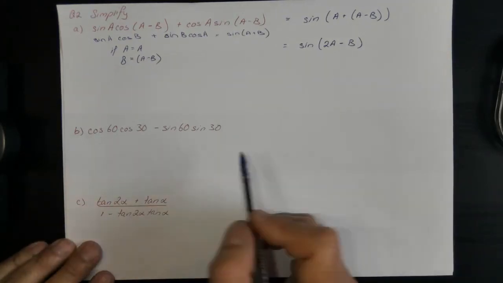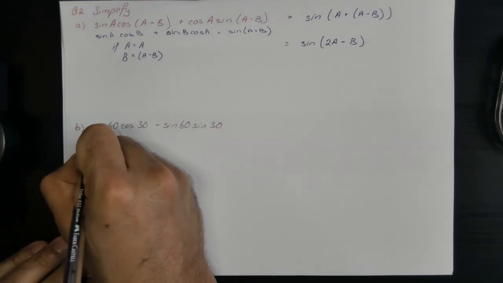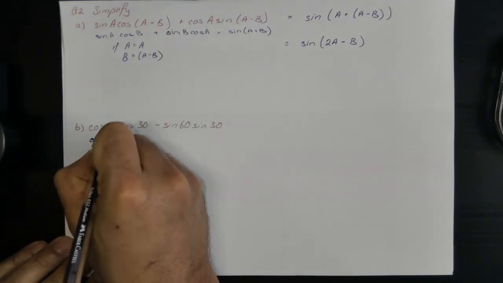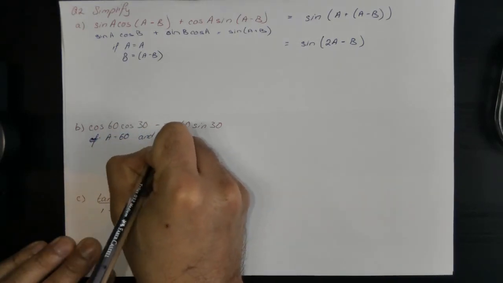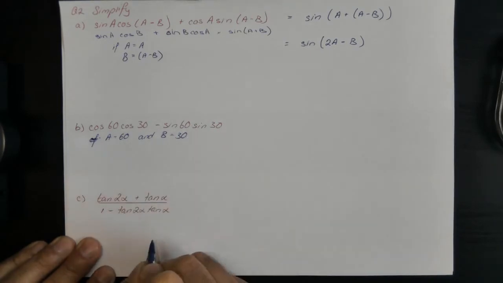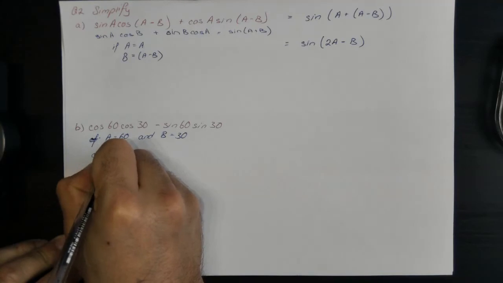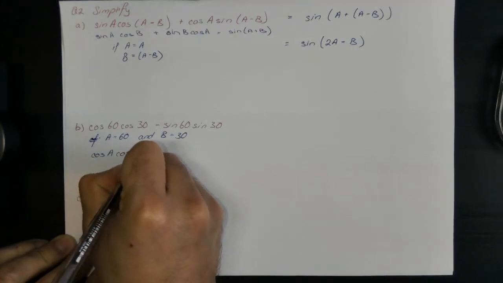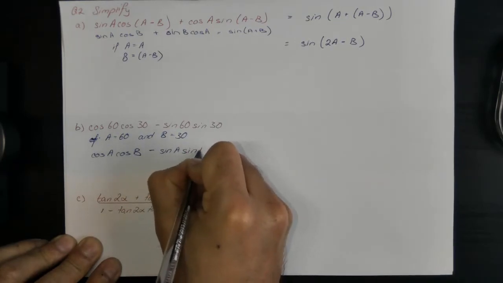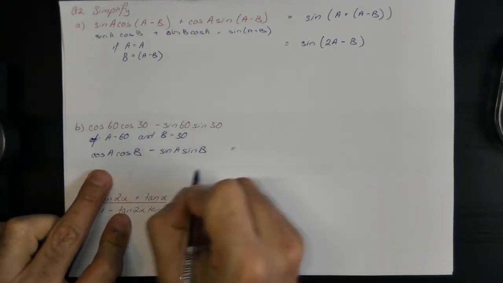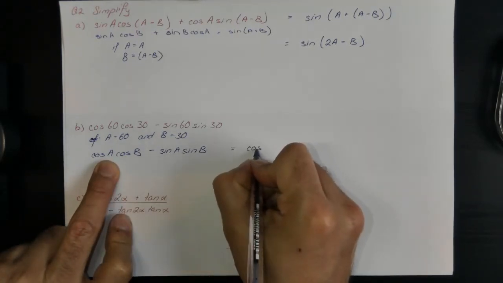Looking at the second example, we've got cos. Let's say A equals 60 and B equals 30. We've got cos A cos B minus sine A sine B. Well, that is cos cos sine sine, so it's going to be a cos.